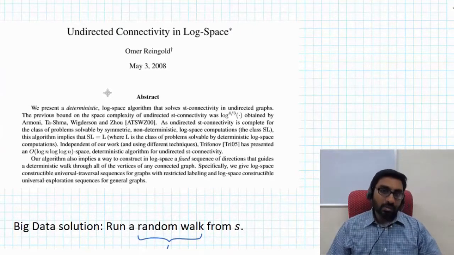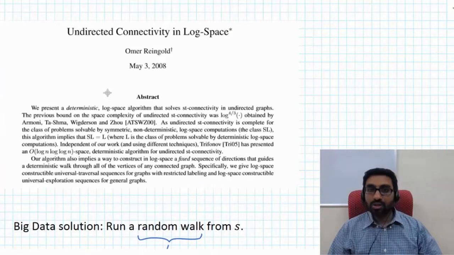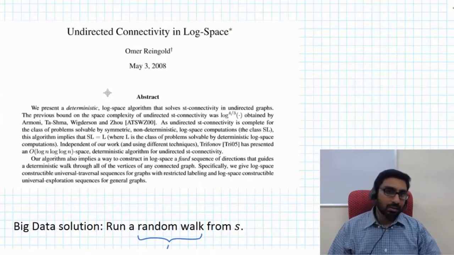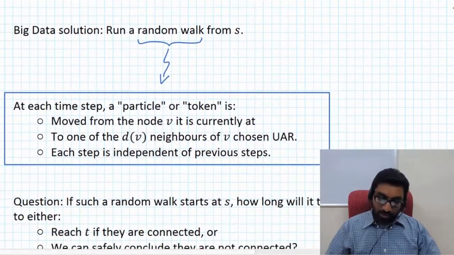So this is a very famous paper, but this talks about a deterministic solution, and it's not a very practical solution to be implemented in real-world applications. And so we are more interested in a solution that is easy to implement and easy to analyze and easy to appreciate. So we are interested in a random walk based solution.